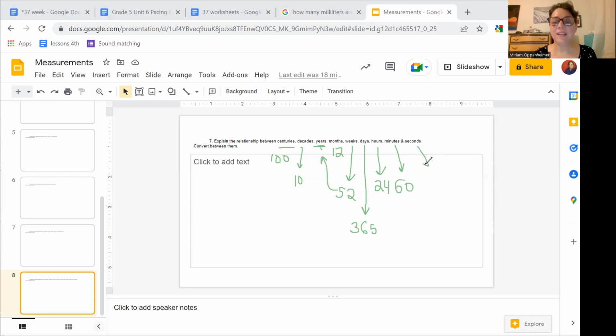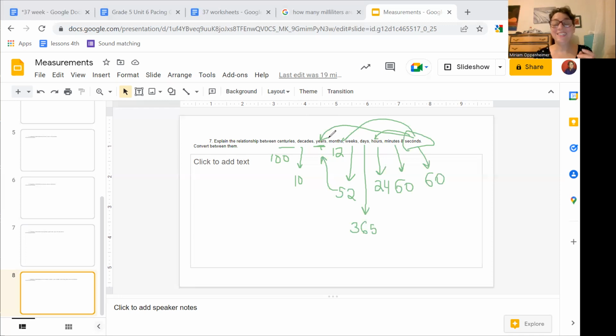And how many seconds makes 1 minute? 60. And so I want to know how many seconds, and then you can pick one, is an hour. How many seconds is a month? This one, it depends, right? How many seconds is a year, right?